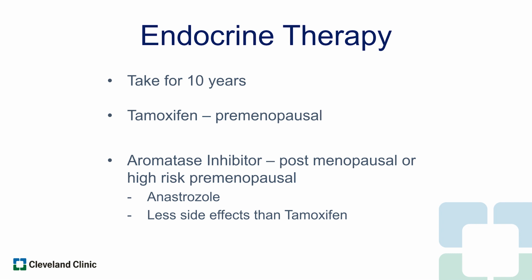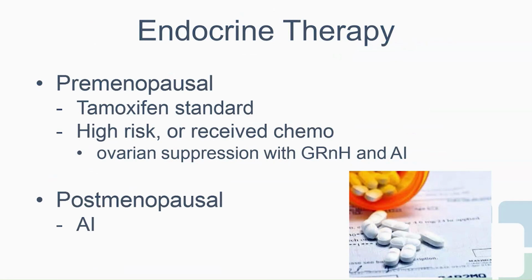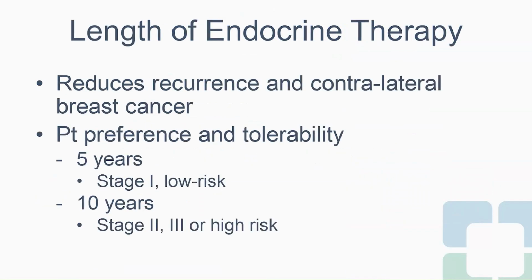So again, that's kind of higher level stuff, but aromatase inhibitor for a high risk cancer, and it does have some less side effects than tamoxifen. So again, if somebody's high risk or they receive chemo and they're premenopausal, you can suppress their ovaries or remove them and give them an aromatase inhibitor.